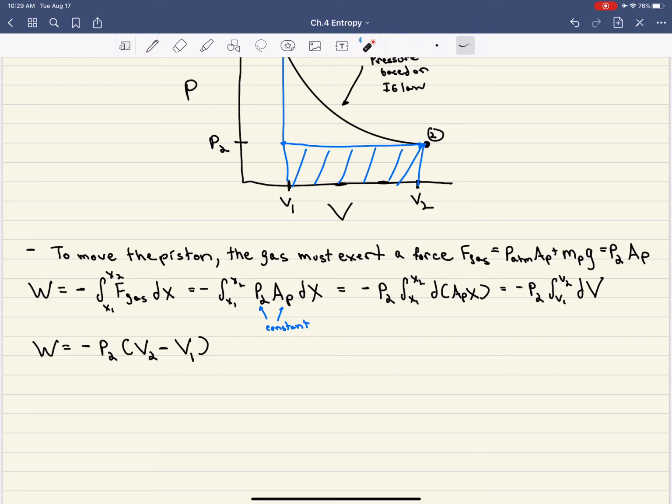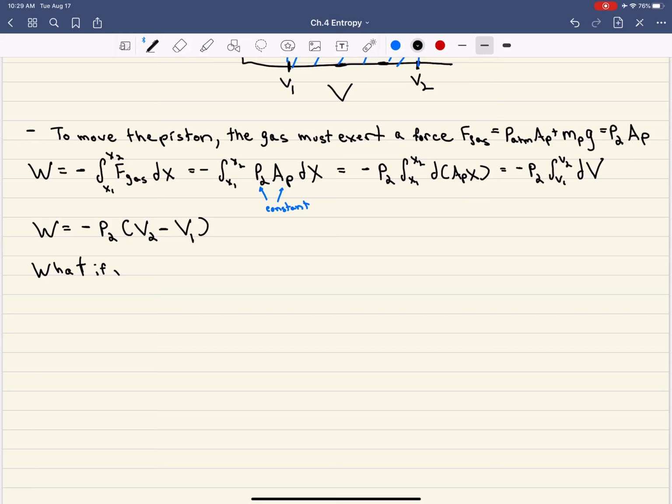But let's say after we expand the gas, what if we wanted to move the system back to V1 and pressure 1 by putting the 1 kilogram block back on it.